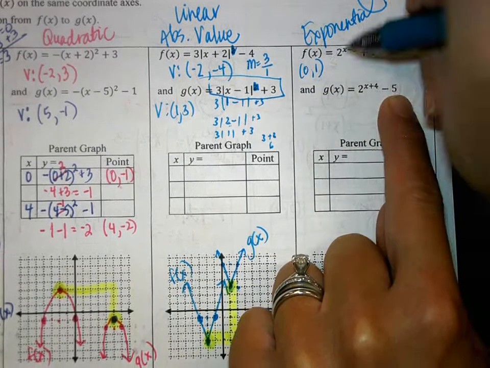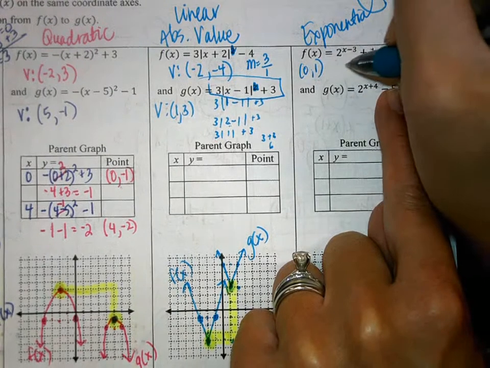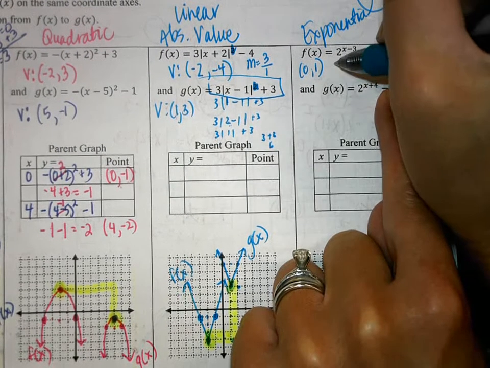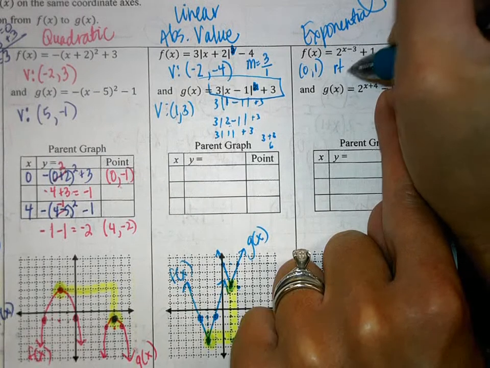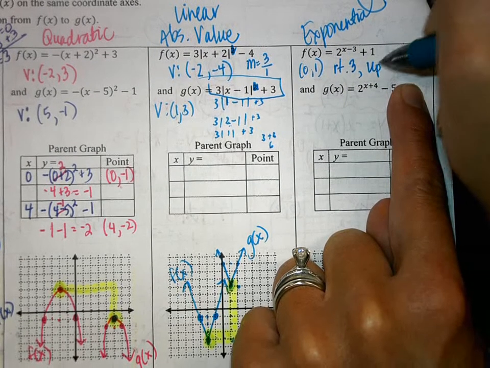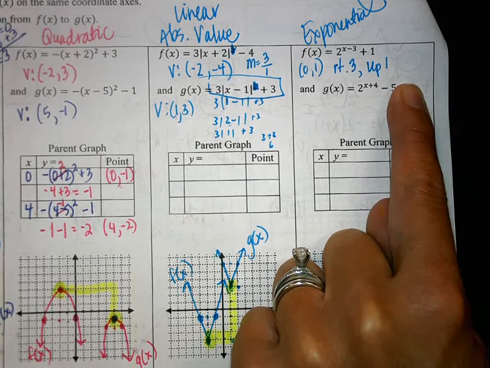And then on this one, once I have the 0, 1, it's going to translate what based on that information there? Right 3, up 1. Why? How do I know?